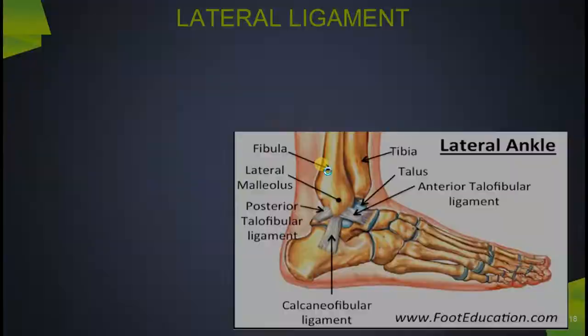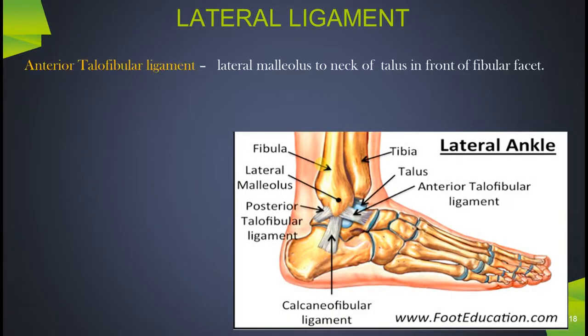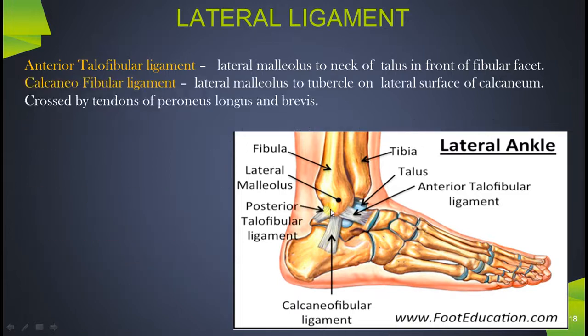The next ligament you see here is the lateral ligament from the lateral malleolus. Again it has anterior, middle and posterior fibers. The anterior fibers are the talofibular, from the lateral malleolus of the fibula to the talus.